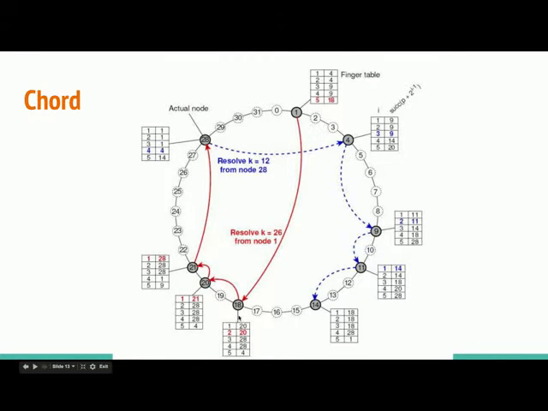It starts from here. It says 5 you have 4, so this is 1 2 3 4 5, this one. Then 4 you have 28, and 28 is too far, but 2 you have 20, so I should ask this guy. So it goes to 20.